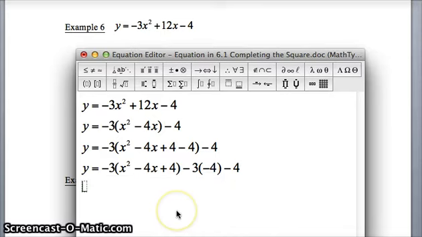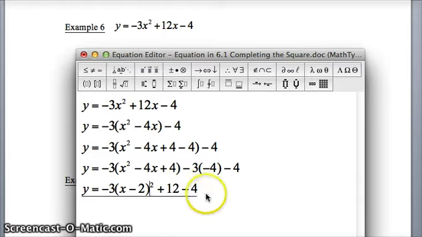Okay, so y equals our -3. We're going to go ahead and factor this. So we have x minus 2, because it's half of -4, squared, and then we have plus 12 minus 4, which simplifies to 8.